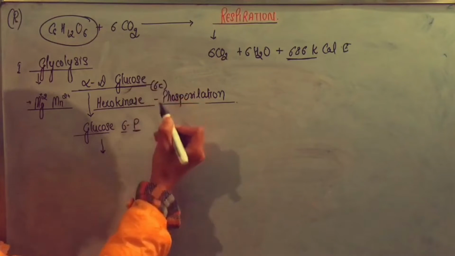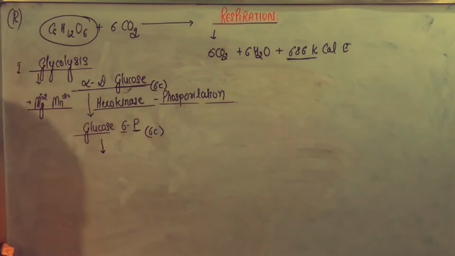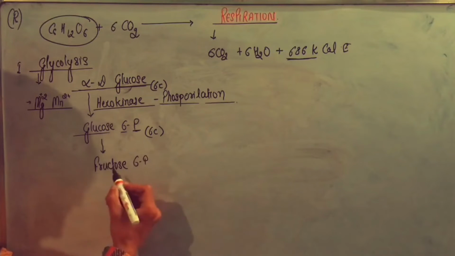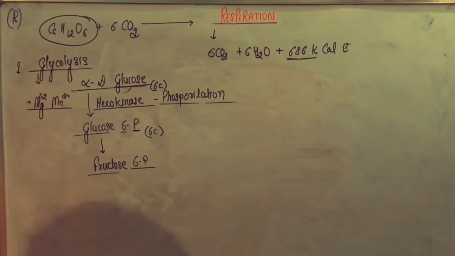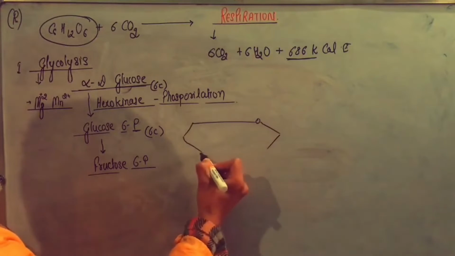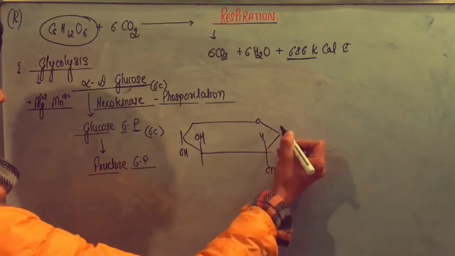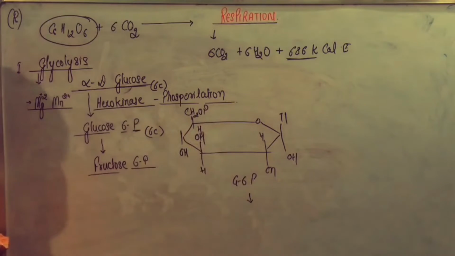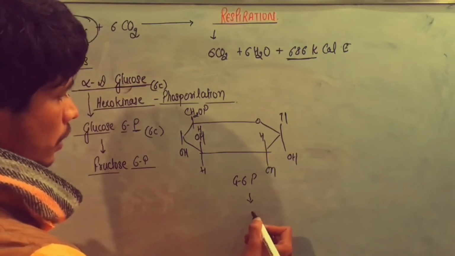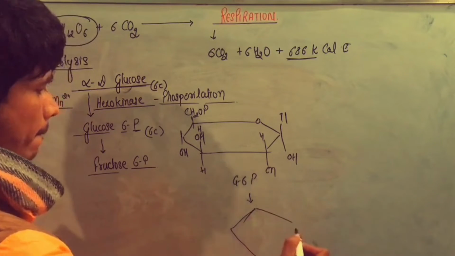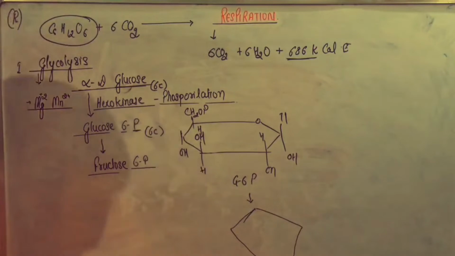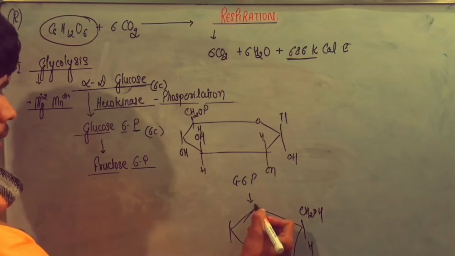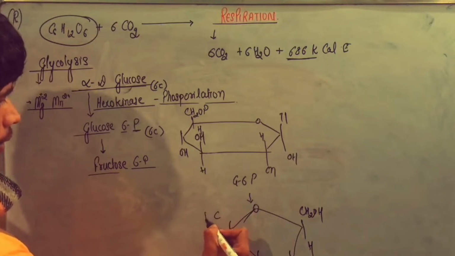Glucose is a 6 carbon compound and glucose 6-phosphate is also a 6 carbon compound. This glucose 6-phosphate is converted into fructose 6-phosphate, which has a furan ring: CH2OH, H, H and OH, HOH, oxygen, H, CH2OH, OP.